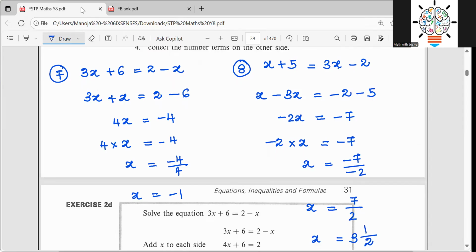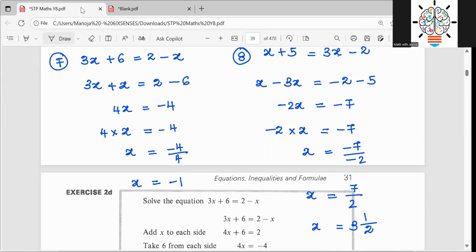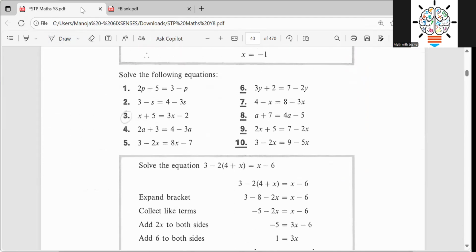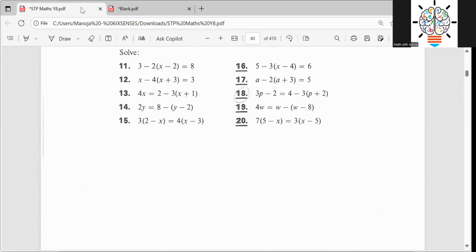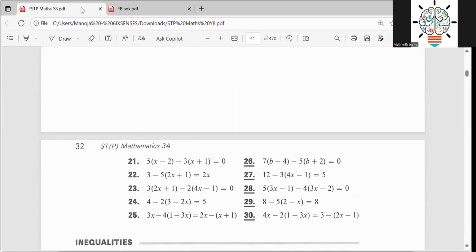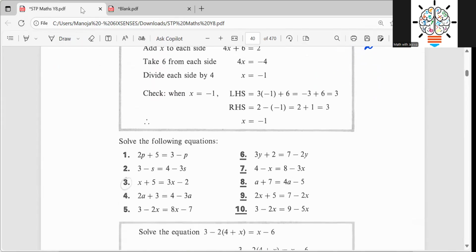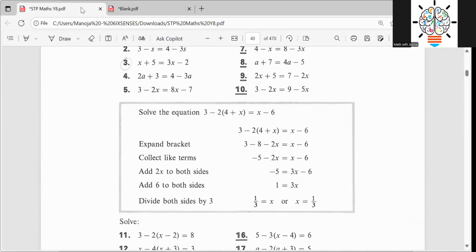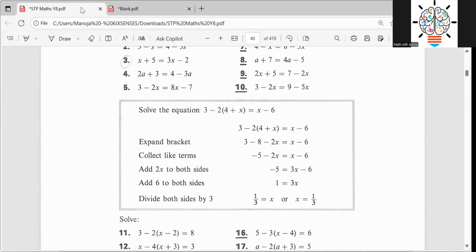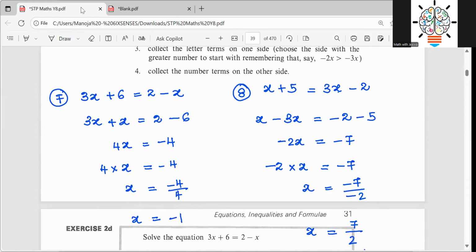Okay. So with that knowledge, I will give you a few sums. I think I will explain this one too, because then I can give you more homework.